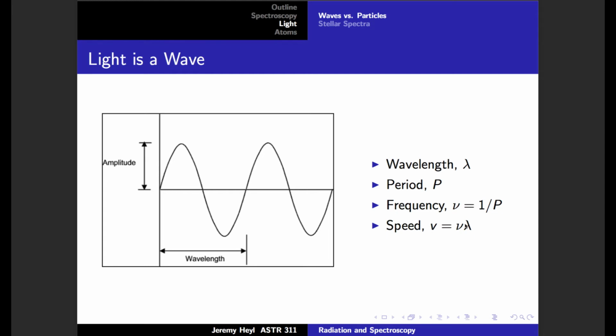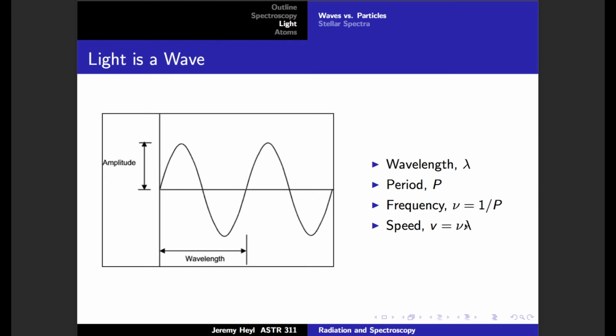Just here, we have the wavelength of the wave. That's the length over which the wave repeats, which we give the symbol lambda for length. We have the period of the wave, which means if I'm standing in one place, how often does it repeat? That's the time over which it repeats. The frequency is how often it repeats. So if it repeats once per second, that's a frequency, and we call that 1 hertz.